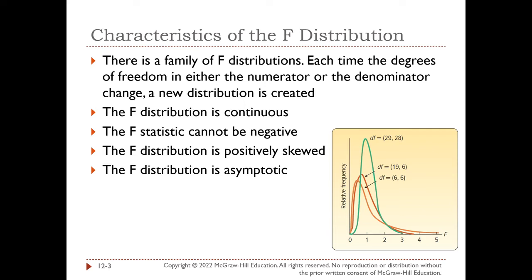The long tail of the F distribution is to the right-hand side. As the values of F increase, the distribution approaches the horizontal axis but never touches it. Just like all of our other distributions, they get very, very close to the x-axis, but they'll never touch that line.